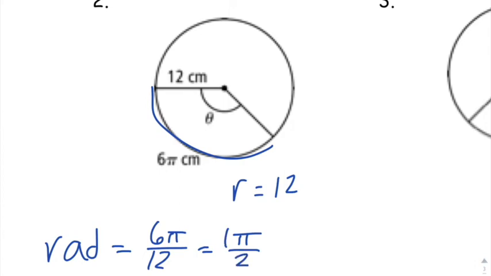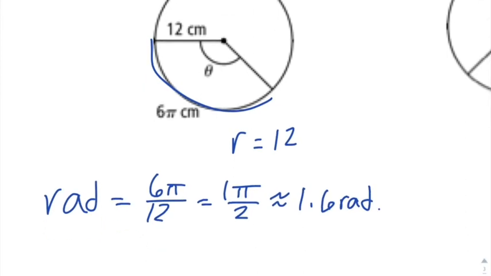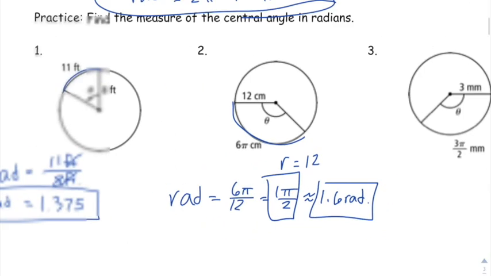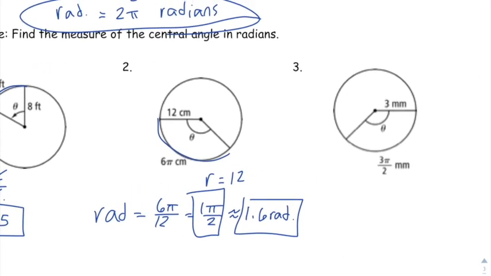If you do 0.5 times pi, that's about 1.6 radians around a circle. So you can leave your answer in terms of pi. In fact, in pre-cal, that's what they do quite a bit. Hardly ever do they write radians with the decimal.